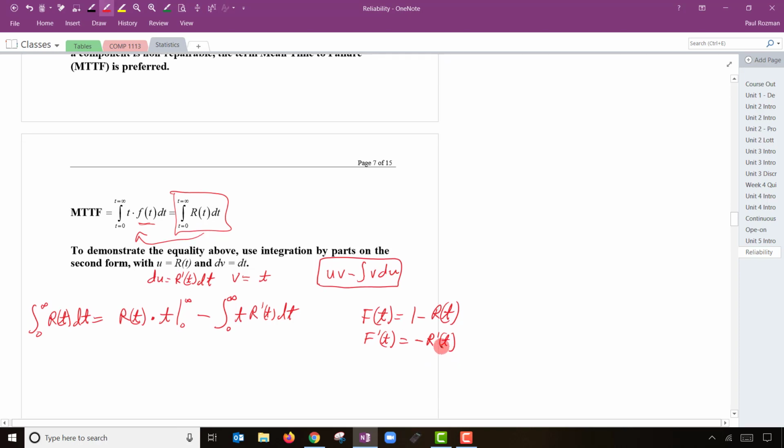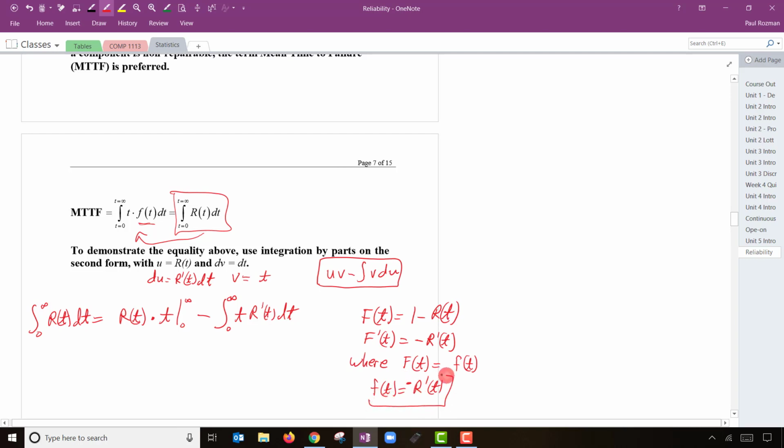Something interesting about that, capital F is the integral of little f. That's the fundamental theorem of calculus. So we can replace this f prime of t with little f of t. So we know now that little f of t equals, actually negative, r prime of t.